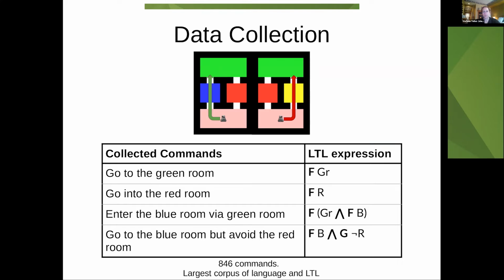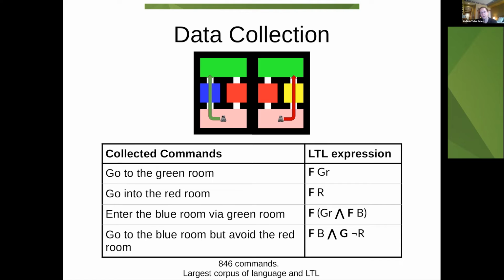So in this example, the green trajectory is the positive example, the red trajectory is the negative example. And then people would say things like go to the green room or go into the red room, enter the blue room via the green room, go to the blue room but avoid the red room. These are all different commands that correspond to different LTL expressions.